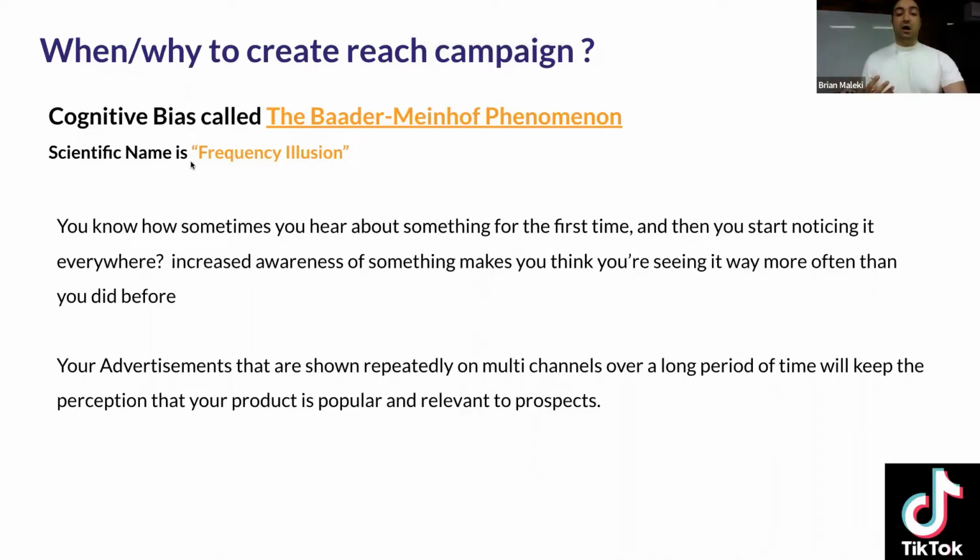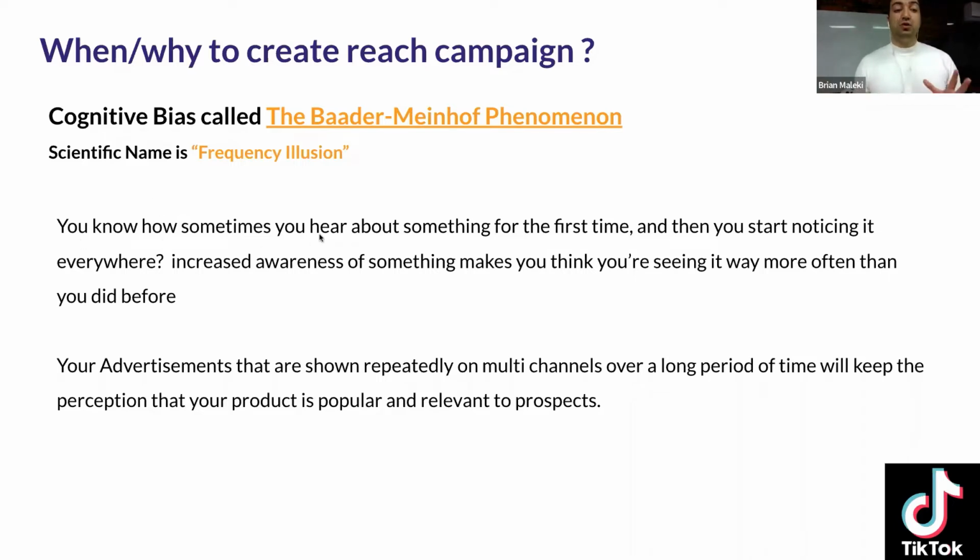Basically, it tells us that when you see or hear something more than one time, several times on multiple channels, let's say Facebook, Instagram, TikTok, YouTube, Google, emails, then you come to believe that this product is popular and relevant to me. So it's like a psychological concept. Let's read it.